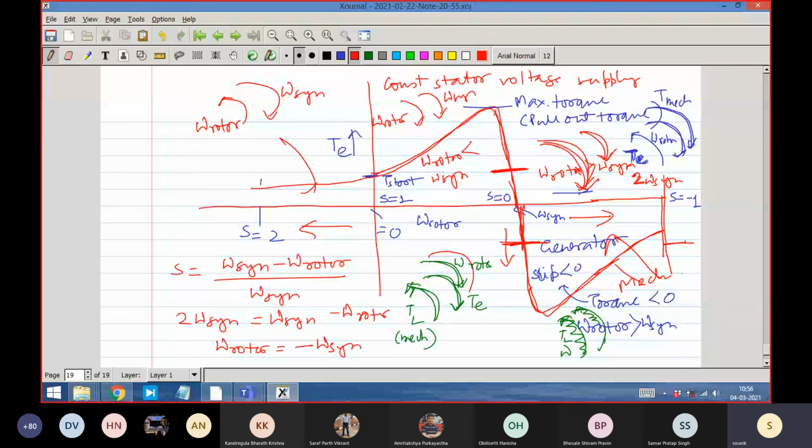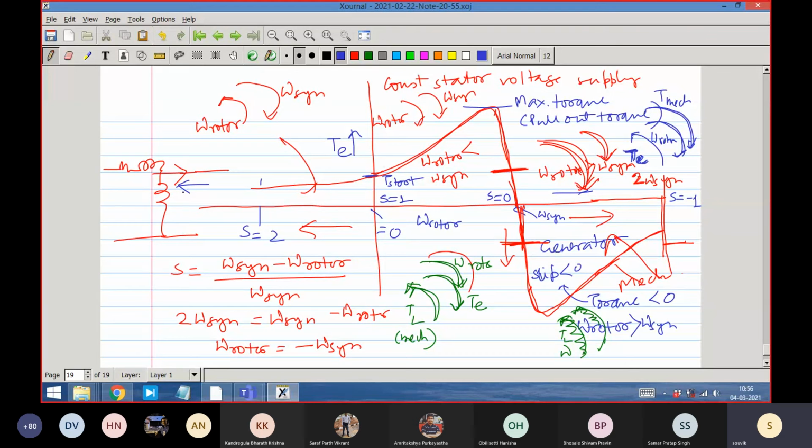That is electromagnetic torque. So here what is happening is that in the equivalent circuit, the current is reversing. In the motoring mode, actual current flows in this direction in the rotor. In the generating mode, actual current flows in this direction.